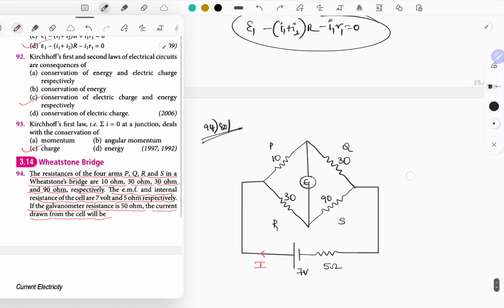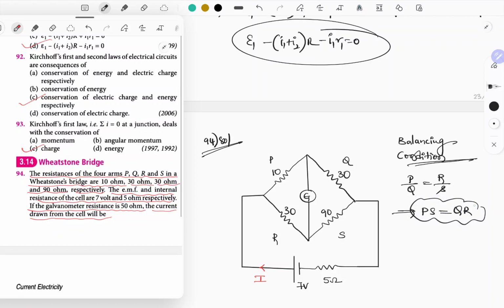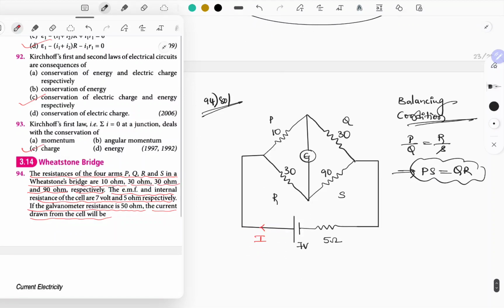P by Q is equal to R by S. So I can replace this as P into S is equal to Q into R, right? The product of opposite resistors must be equal in the balanced case.